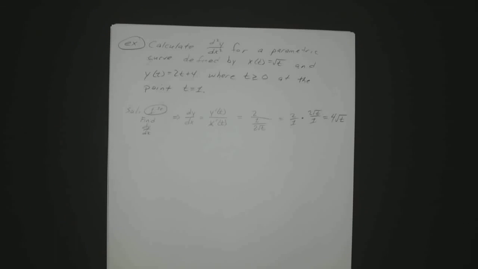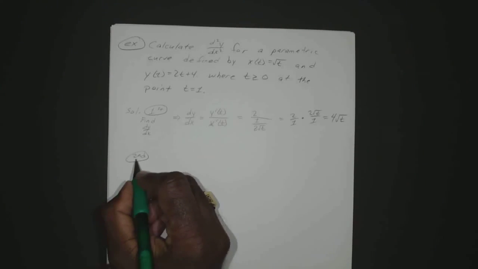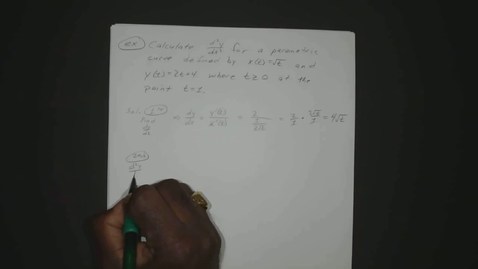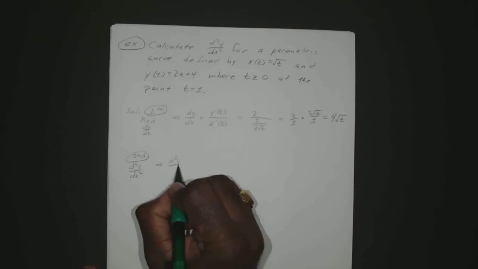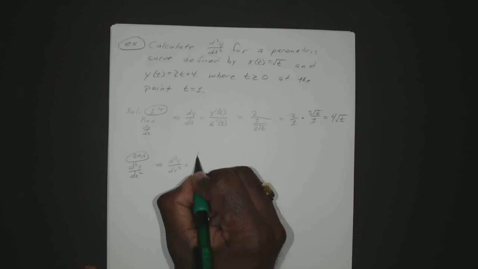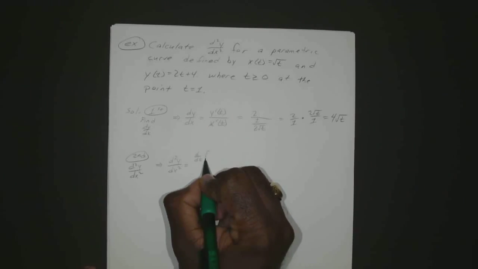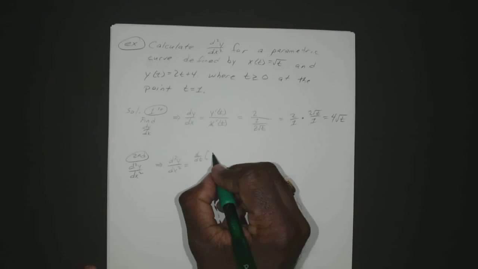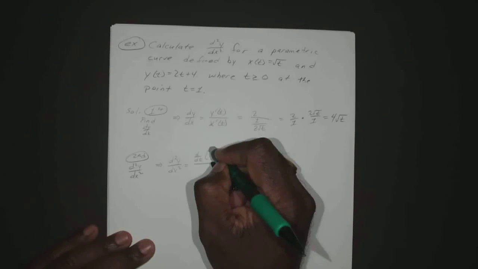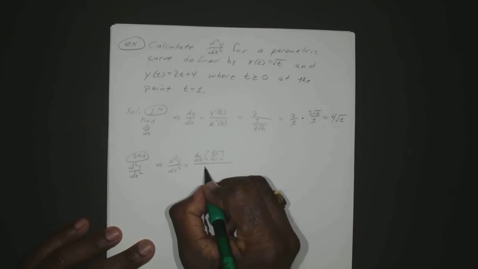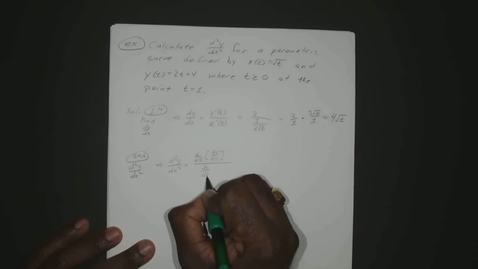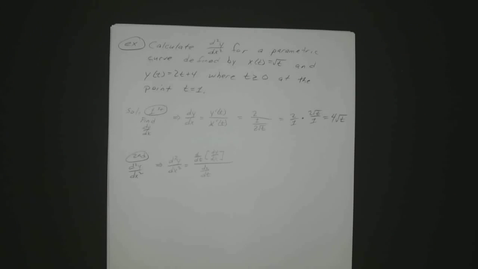Okay. So now we find our second derivative. We know our second derivative of y with respect to x is equal to the derivative with respect to t of dy/dx, divided by dx/dt.